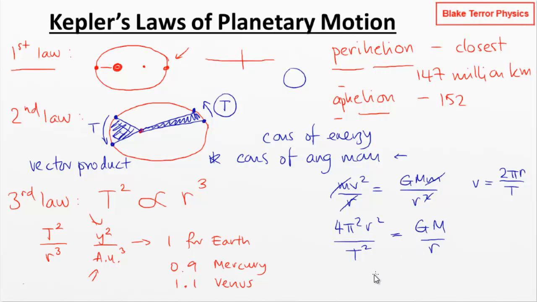So you can see where this is going. We then get T squared as the subject is going to be equal to r cubed. There you go. That's our proportionality. And then the constant is 4 pi squared over GM. So doing a bit of circular motion analysis gives us this.